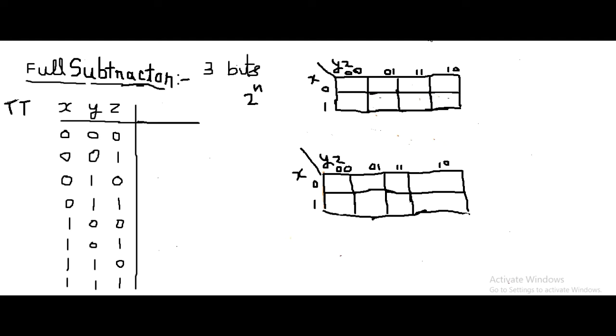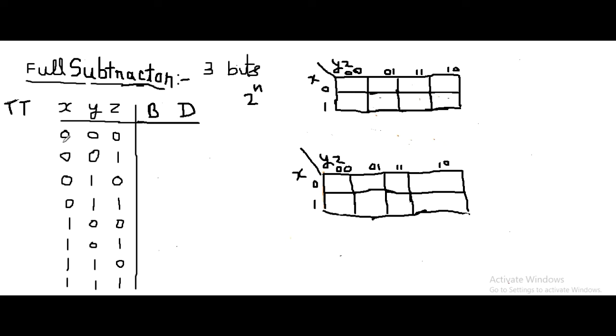A full subtractor is also a combinational circuit, like the half subtractor, the half adder and the full adder. A full subtractor has 3 inputs, which are x, y and z, and 2 outputs, which are difference and borrow. So these are the 2 outputs that a full subtractor gives us.